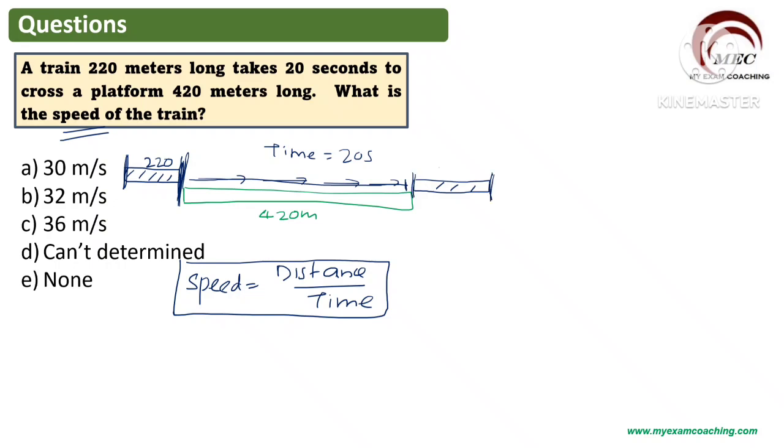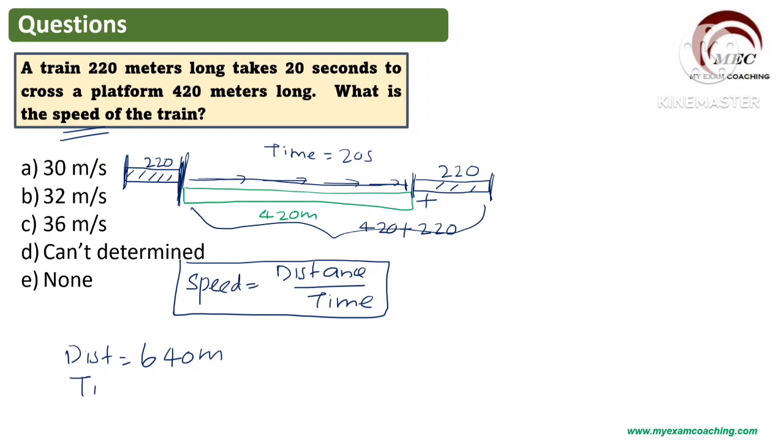So this 220 meter is also added here. So the total distance covered will be 420 plus 220. So total distance is equal to 640 meter.